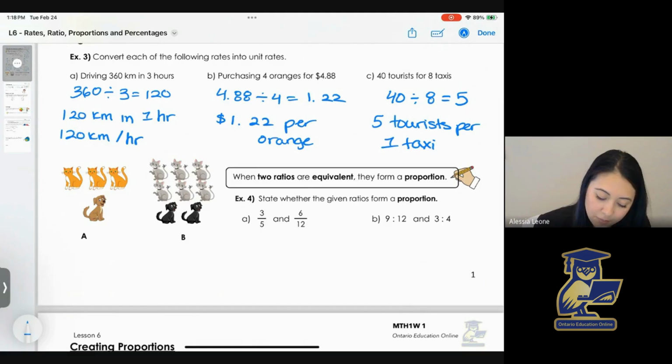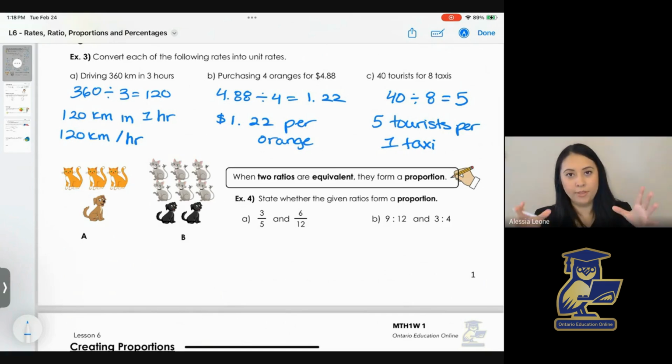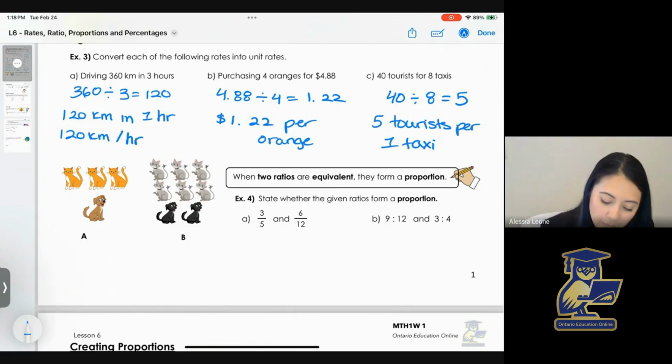Now you'll see here, we have some pictures. When 2 ratios are equivalent, they form a proportion. So remember, when there's 2 ratios and they're equal, that situation is called a proportion. It's asking us, say whether the given ratios form a proportion. So it's asking us, are these ratios equal? Are these ratios showing us a proportion? Let's take a look. A, 3/5 and 6/12. We have 2 ratios.